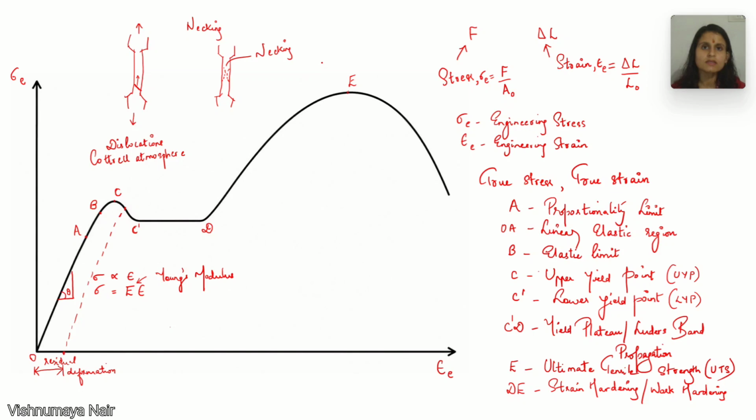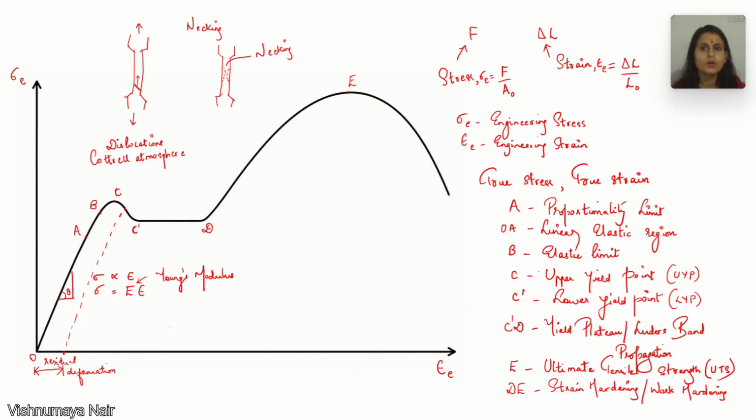Once necking begins, a positive feedback process develops. As the cross-sectional area at this particular region decreases, the local stress over here increases. This promotes further plastic deformation at the same particular location, causing the cross-sectional area over here to decrease even more. Then what happens?